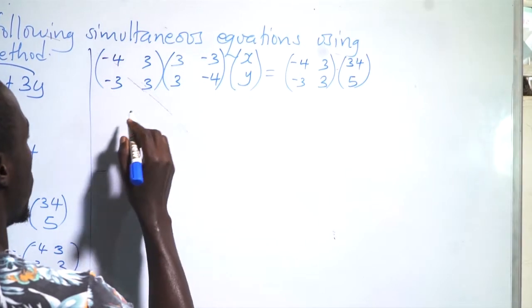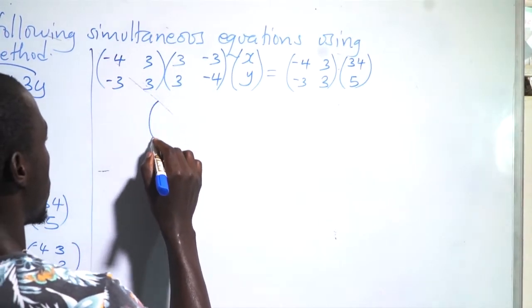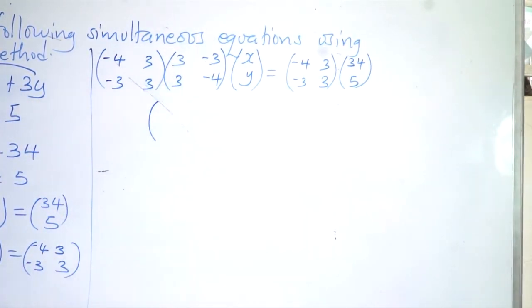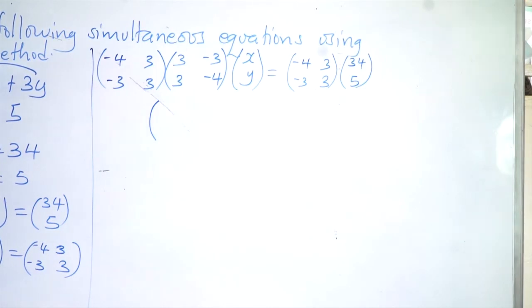Multiplication, row by column, as I'm adding. Now I'm going to be speedy because you should be able to go back to the videos of matrix multiplication so as to see how we multiply the matrices.